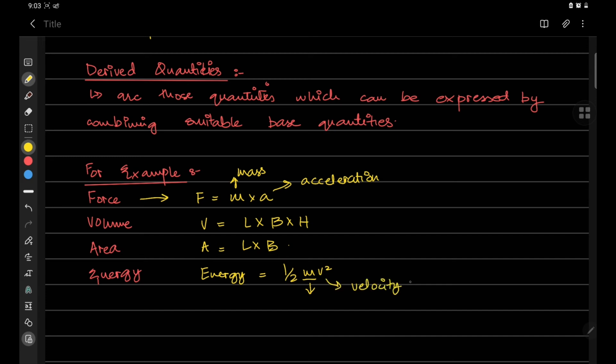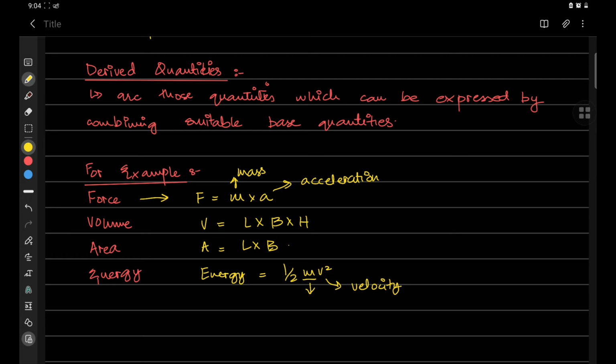Kinetic energy itself is achieved by combining mass and velocity square, divided by 2, or half of that.